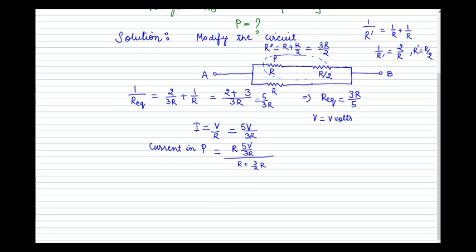So this is the value of V and this is the value of the total resistance. So we'll get the current I is equal to V upon R, simply using Ohm's law. So this R cancels out with this, and here 1.5 plus 1 is 2.5.